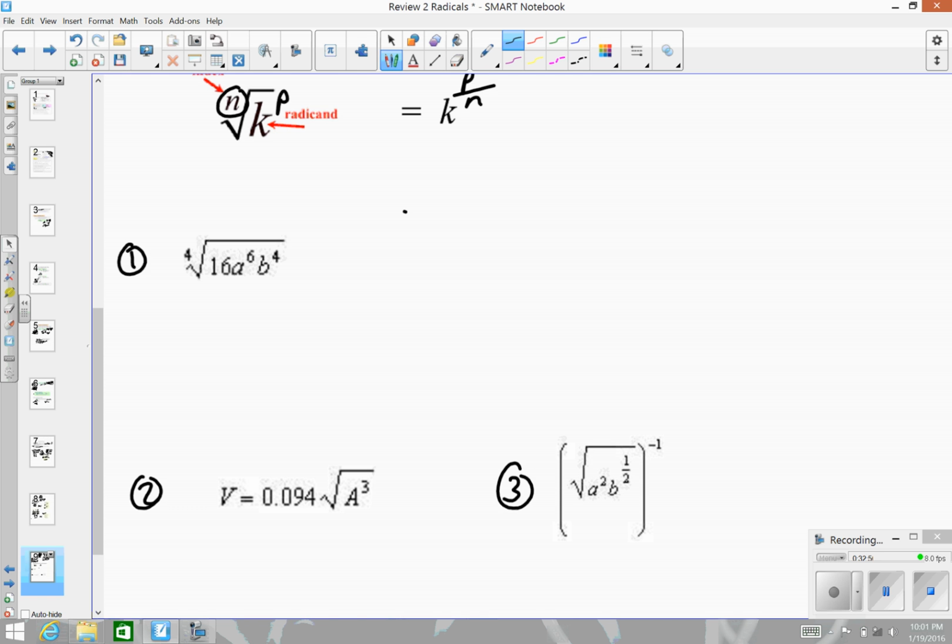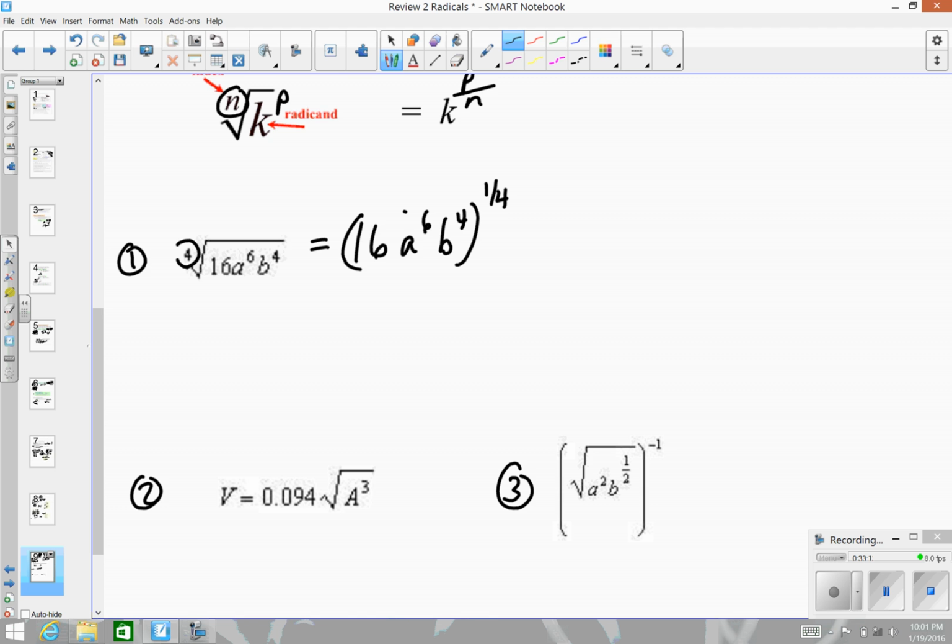Alright, example 1. I have an index of 4, which means it can be treated as an exponent of 1 over 4. So I can take everything under my radical sign, this entire thing is being raised to the equivalent of the 1/4 power.